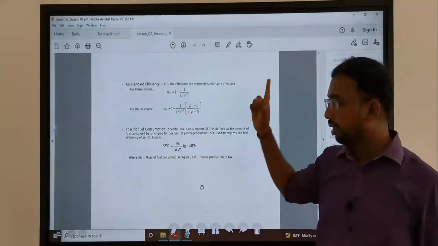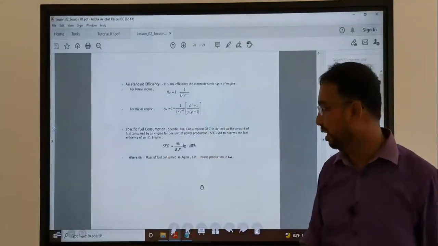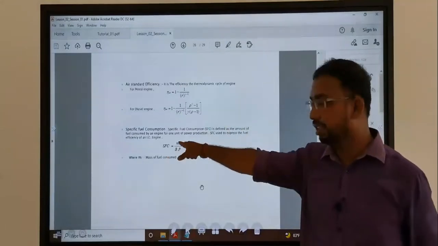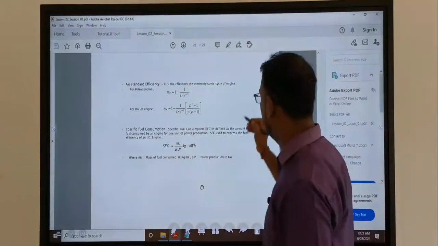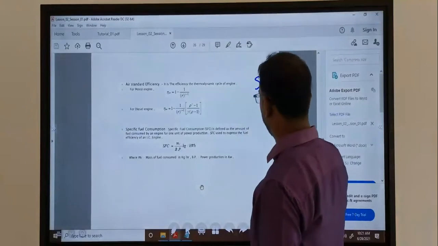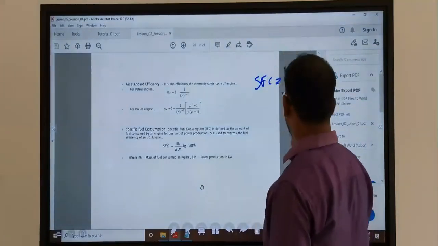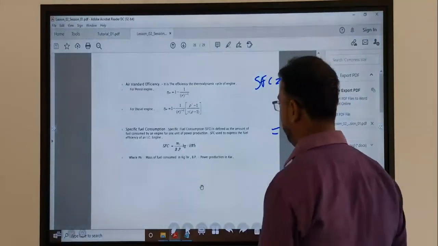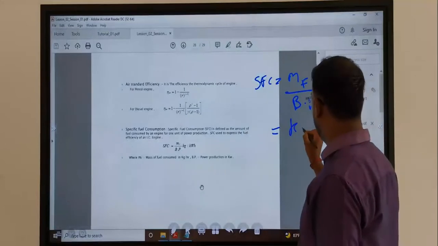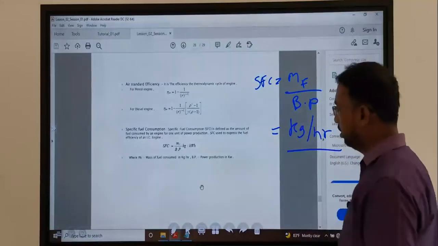However, we have to change that kilogram per second to kilogram per hour, then we can substitute the value here. So in this equation, SFC is MF into BP. Here I put MF, now we find the kilogram per hour.